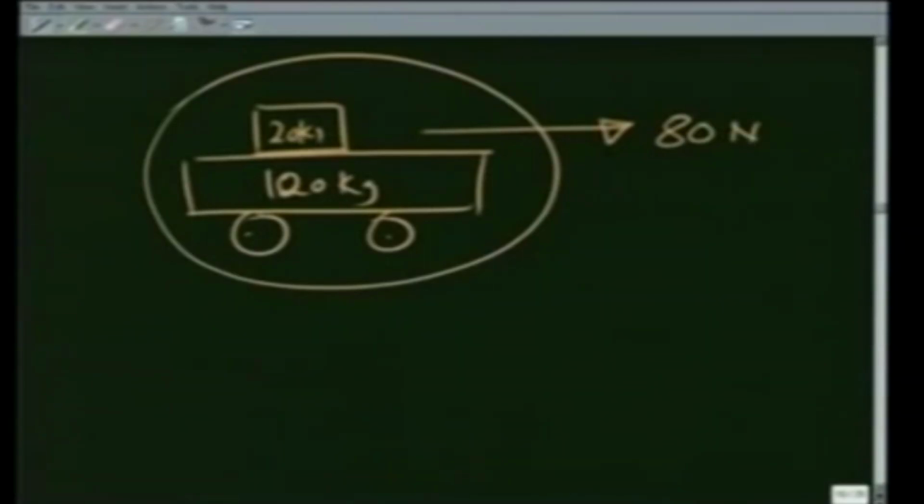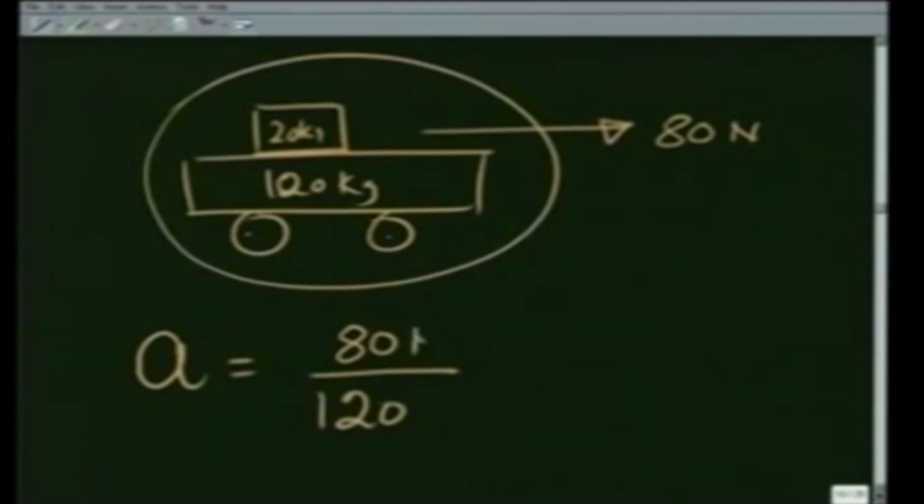There is no relative acceleration, they are moving together, and therefore their acceleration together is going to be 80 divided by 120, newtons over kgs, which is going to be 2/3 meters per second square.